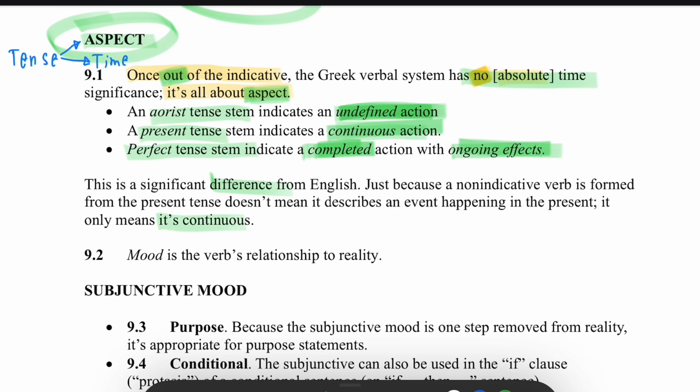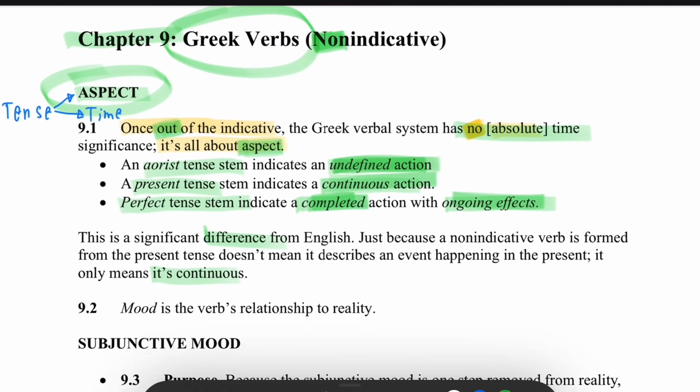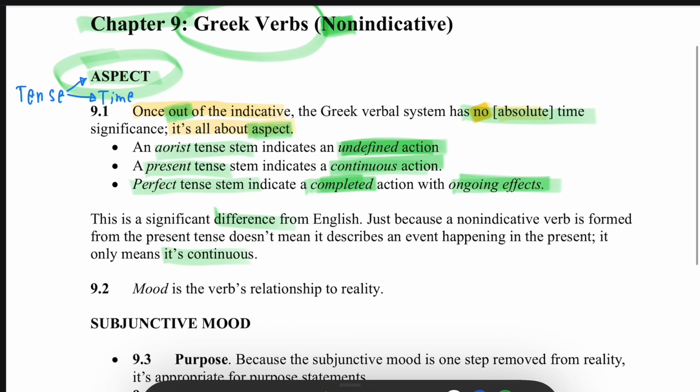So when you think about the stem of verbs, we need to keep in mind that you might see a verb in a non-indicative form, and it might have a present tense stem, but that does not necessarily mean it's present time or happening in the present.